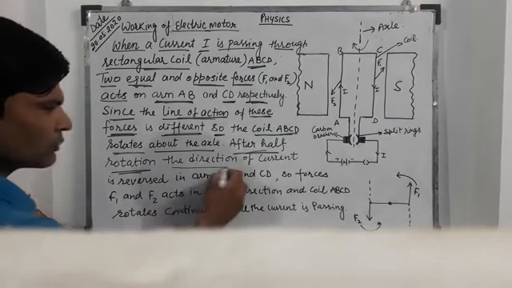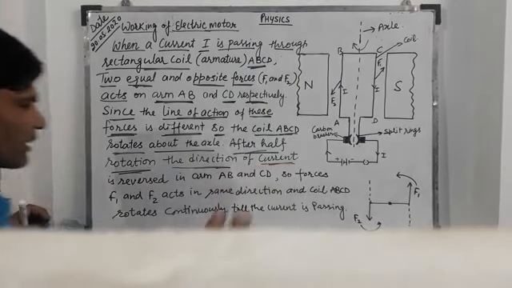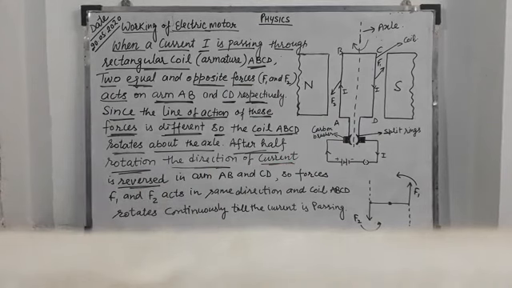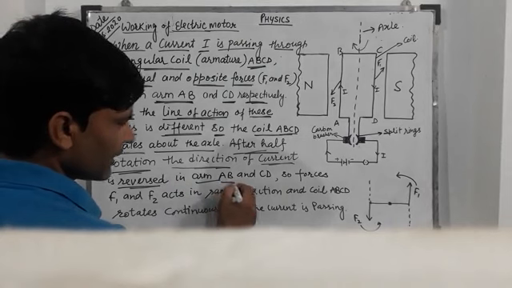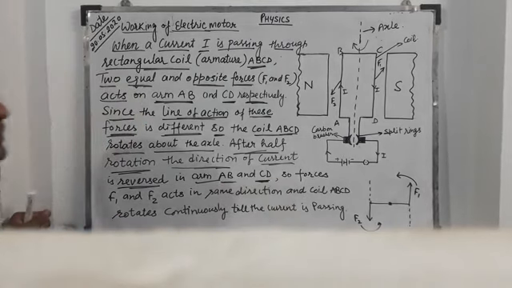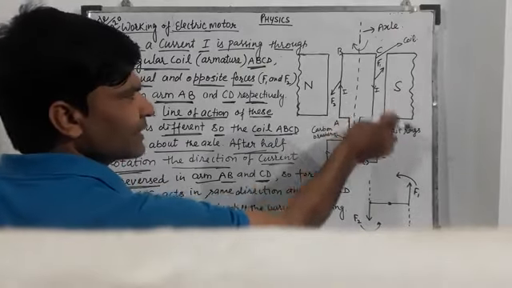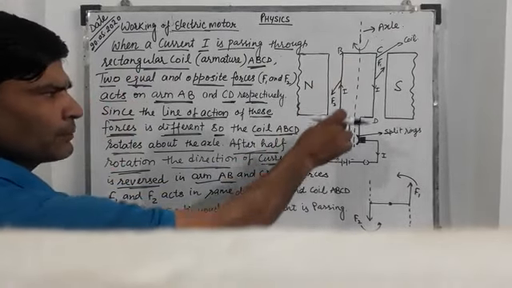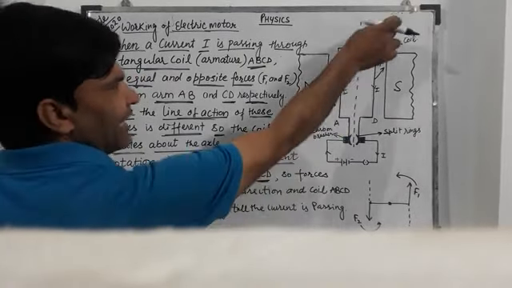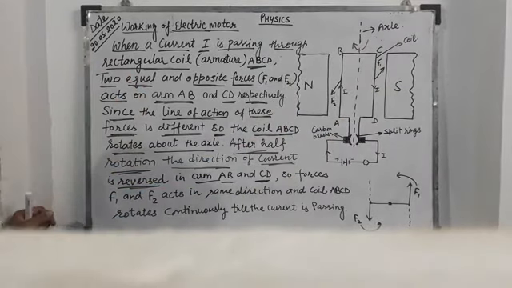So the direction of current is reversed in arms AB and CD, because after half rotation CD is at the position of AB and AB is at the position of CD.